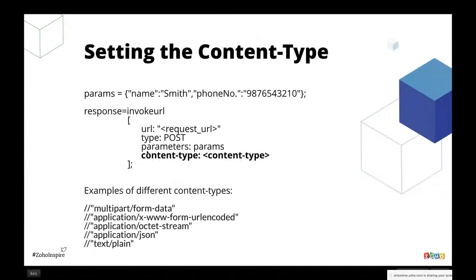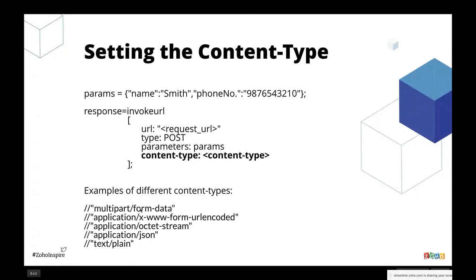There is also content type, and that tells the website or application how to interpret the data in the body or payload of the request. The content type can contain any value, but there are standard values that are defined and commonly used. Some examples are multipart form data.